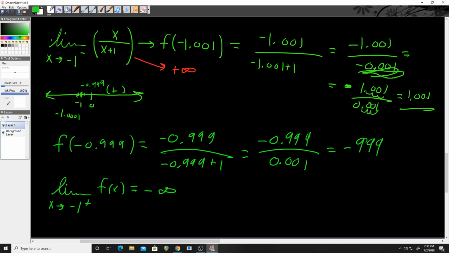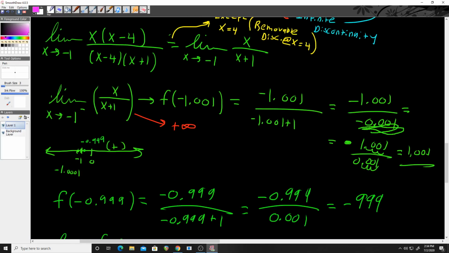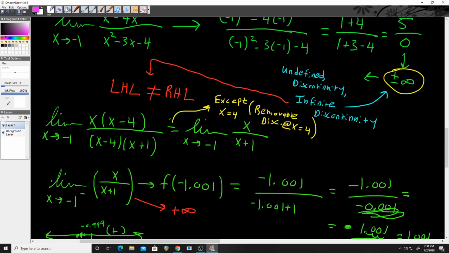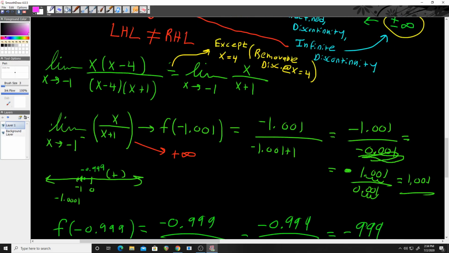Okay. And so what does that tell us about the following, right? The original problem was this one. And then our function was x cubed minus x squared minus 4x over x squared minus 3x minus 4.